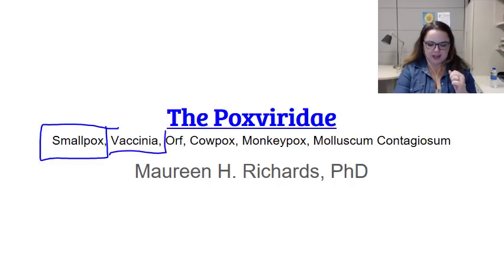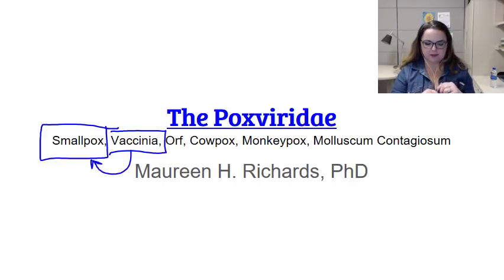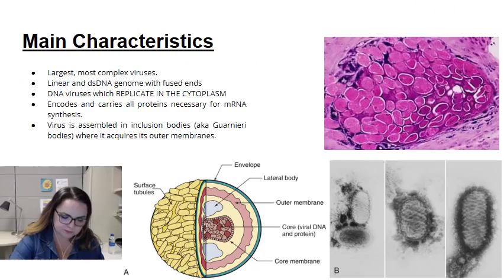The vaccine is actually built on the vaccinia backbone, which is another pox virus that really is only used to create the smallpox vaccine. Then we're going to talk about all of these guys: orf, cowpox, monkeypox, and Molluscum contagiosum, which are actually pox viruses that we do still see, so you may want to be aware of their presentation.